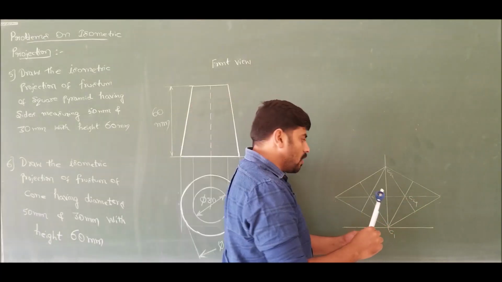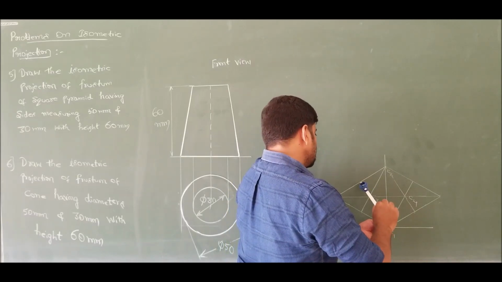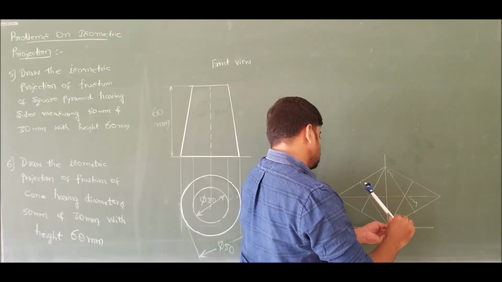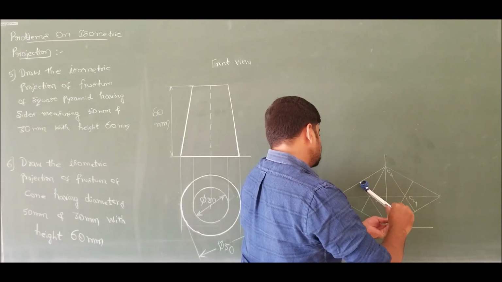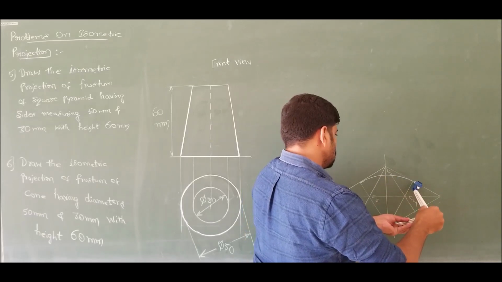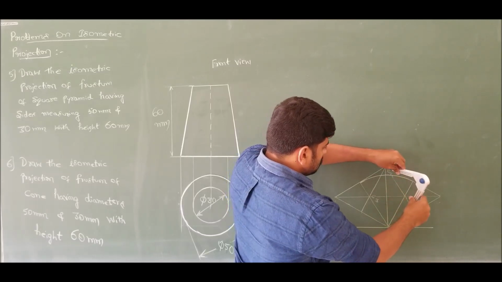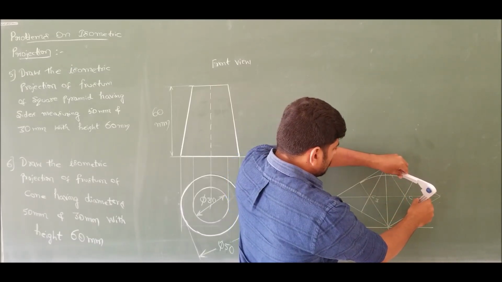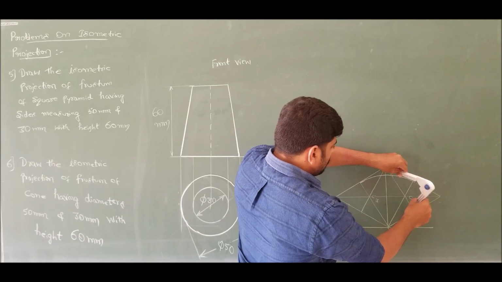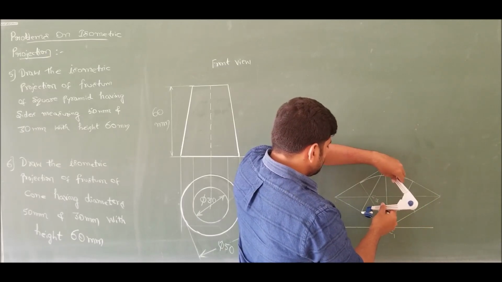Now using compass, keeping at center C1, taking the perpendicular bisector as radius, join the perpendicular bisectors drawn by C1 using an arc. Similarly, keeping at center C2, taking the perpendicular bisector as radius, join the perpendicular bisectors drawn from center C2 using an arc.